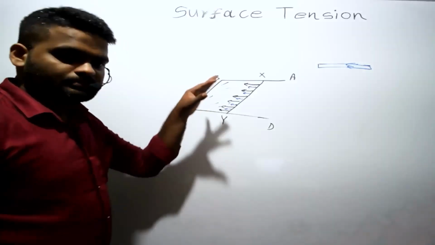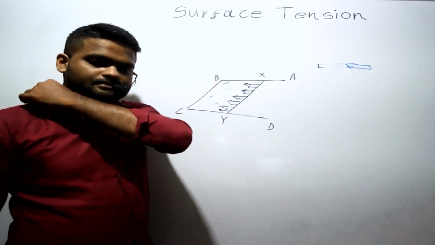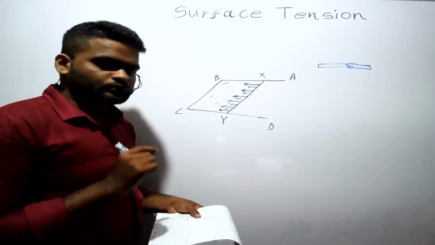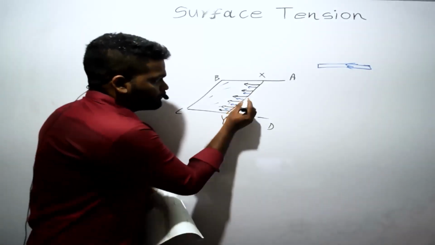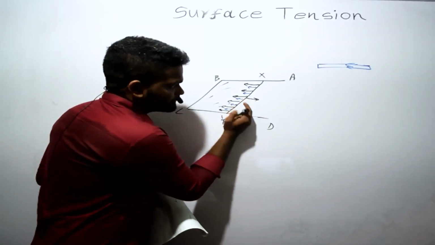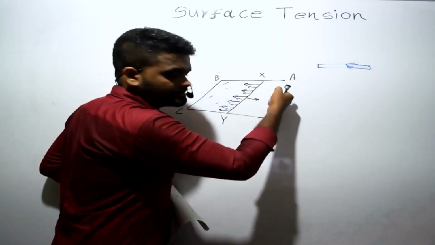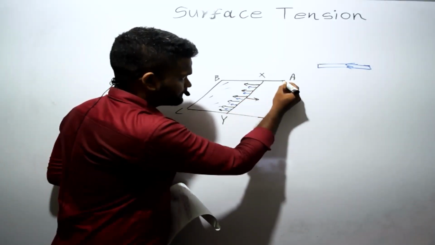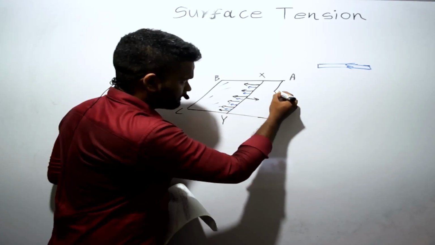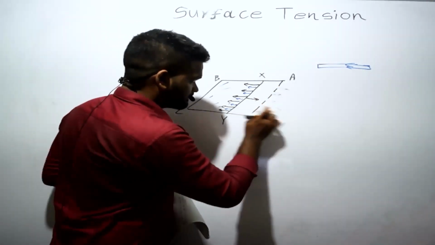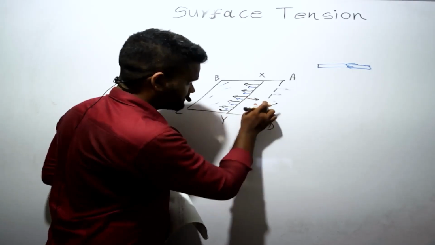So let's say you made a soap layer like this, right? Soap layer like this. Then what do we do? We apply a force to the other side and we bring this wire from here to here. These are dashed lines.